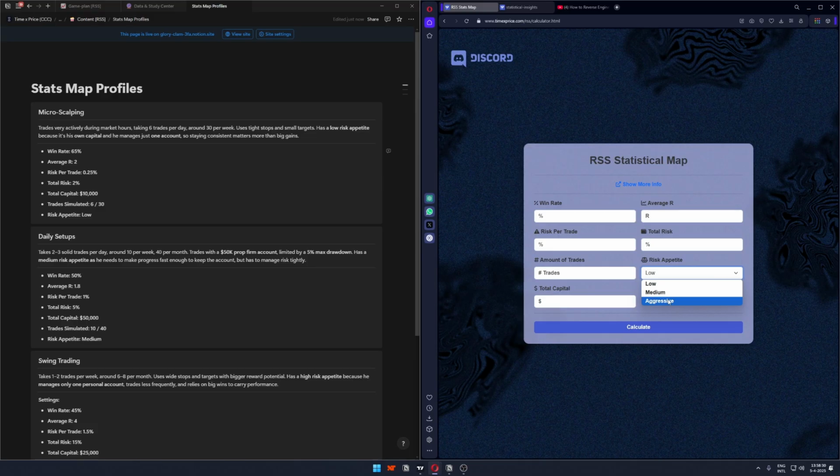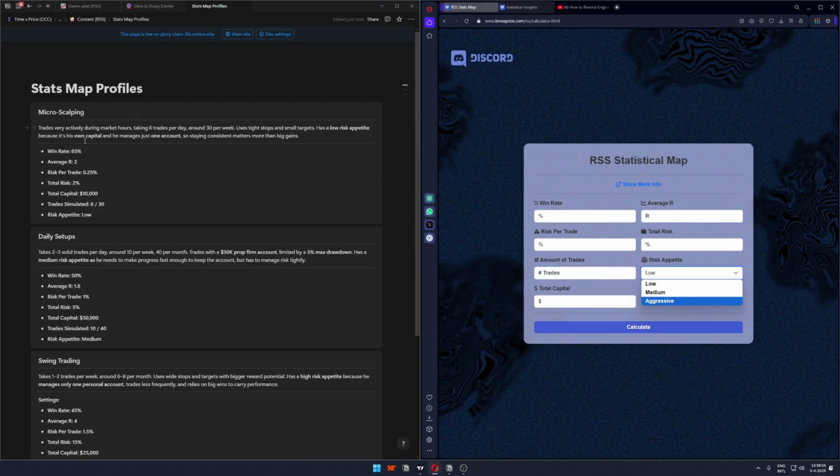As you choose a lower or higher risk appetite, the aggressive appetite will give a lower number of consecutive losses, and dividing the total risk by that number will give you a higher risk per trade suggestion than a lower risk appetite with a lower chance of hitting that drawdown. So your risk will be a bit tighter as you manage not to hit that number.